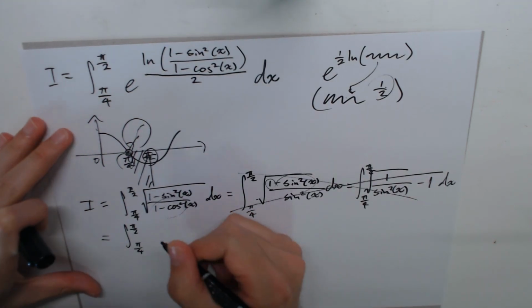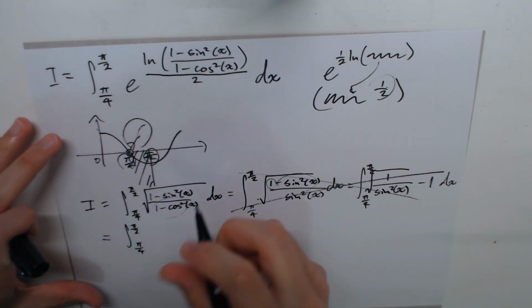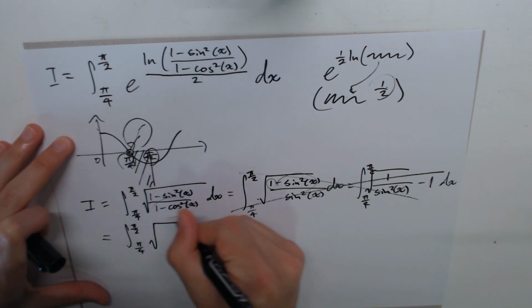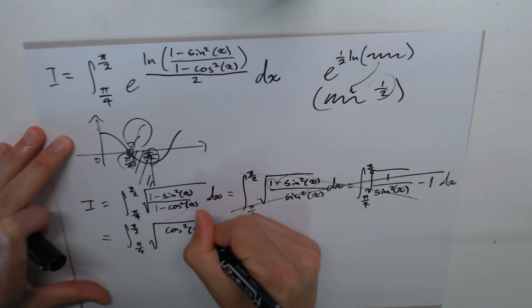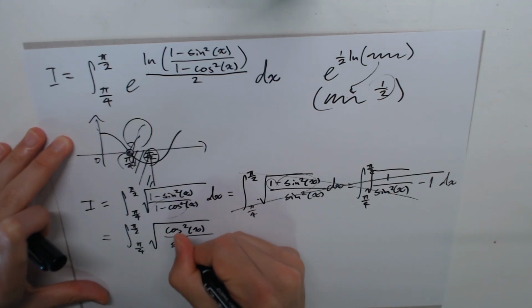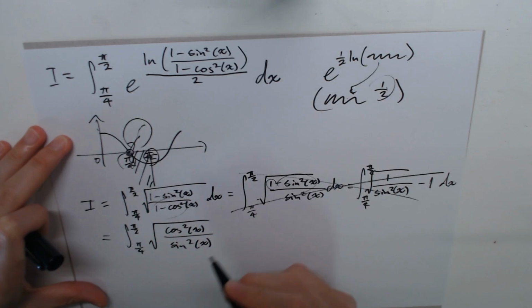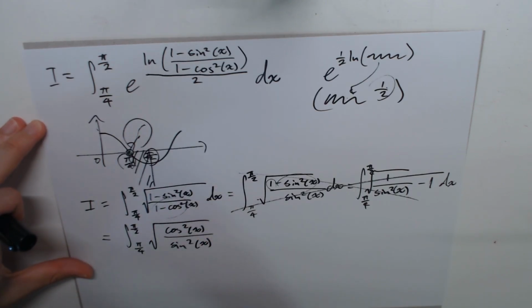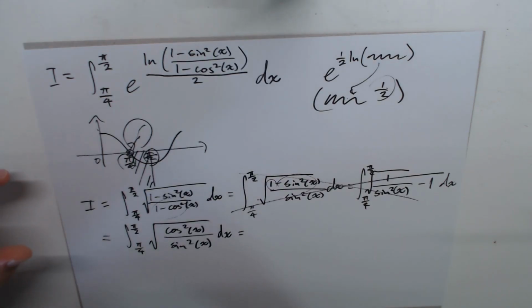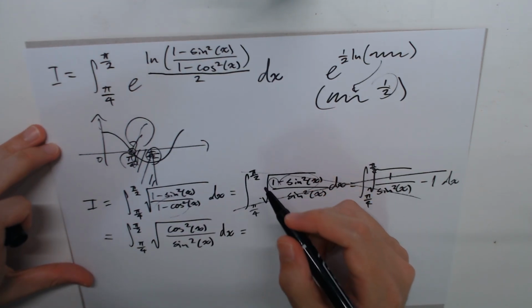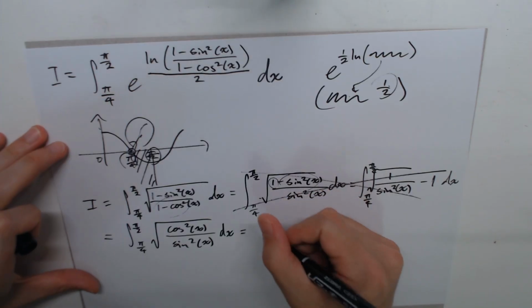So it's the root of 1 minus sine squared x, which is cosine squared x, and the bottom is sine squared x, as we were talking about just now. So just take the root of both of them. They're both going to be positive, so it doesn't really matter that much.